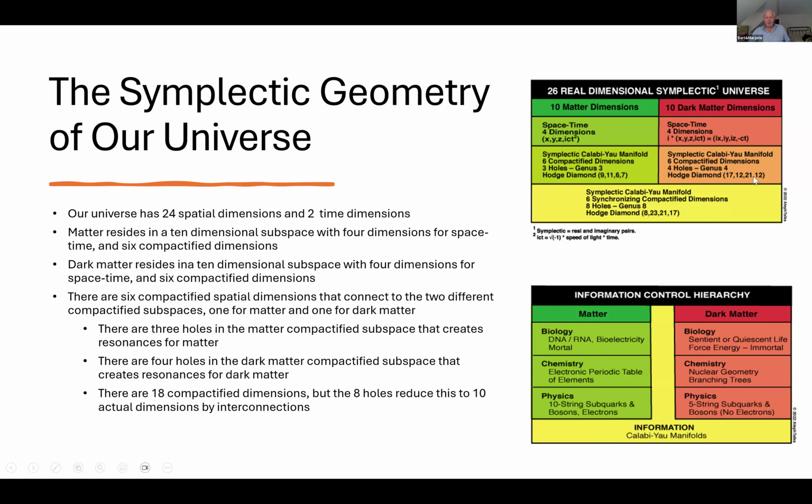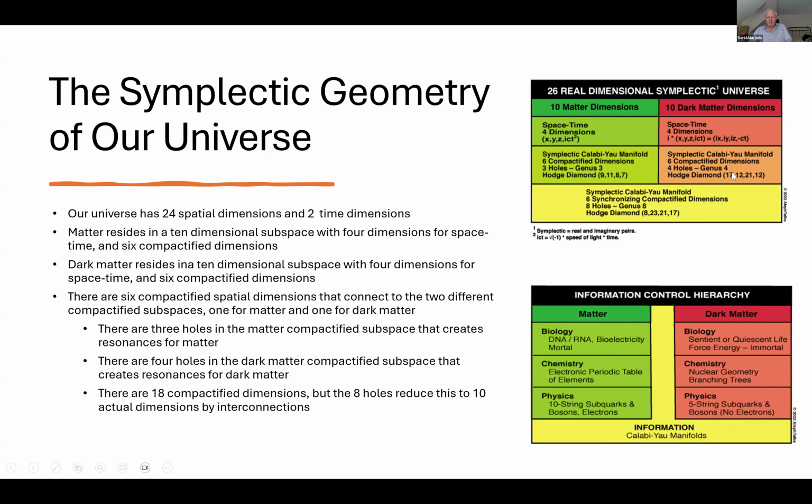This one, though, has 4 holes. Another thing about this is, as Ron Cowen observed, this only contains one type of particle. There's 5 closed strings that resonate, and they can resonate into 4 different modes because of their 4 holes.